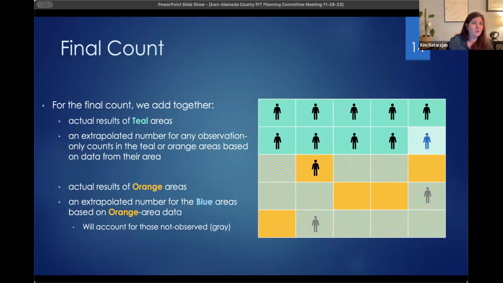For the orange areas, we're also using real data of exactly what was observed there and what the volunteers saw. And we're using that information to extrapolate across what was previously blue. And that's how we add our ghost people in. So now they're in gray. So we think they're there. We believe they're there. And that's how we get to our final count number.